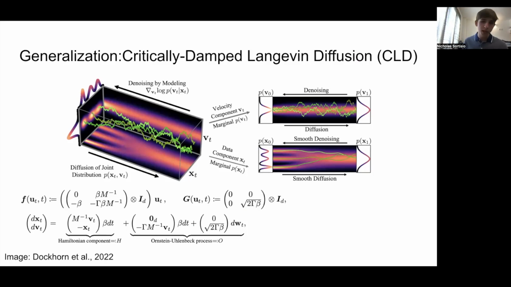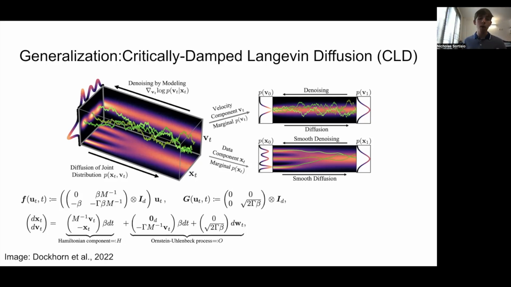And so it's been proposed that if instead of injecting the noise directly into the data distribution, you add on this velocity component, and you end up with these sort of Hamiltonian mechanics, if you inject the noise into the velocity, then you can actually get substantially better results.